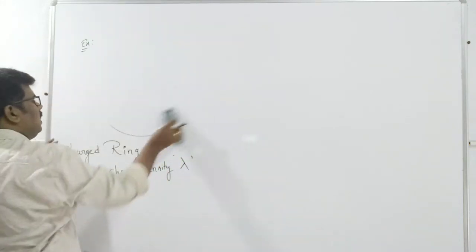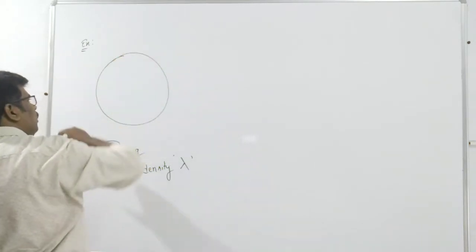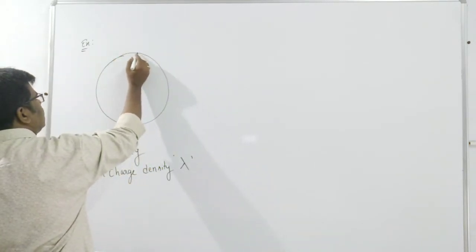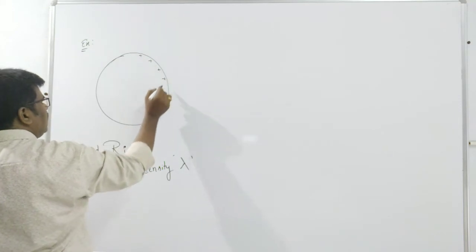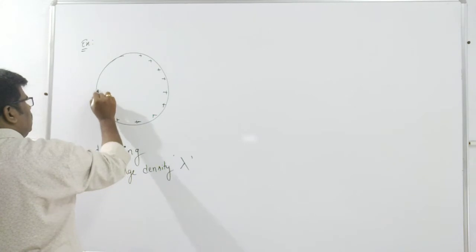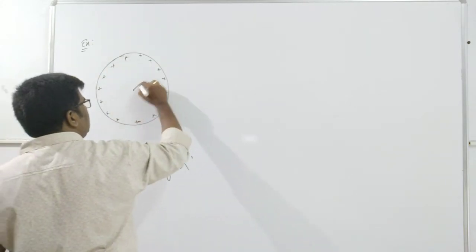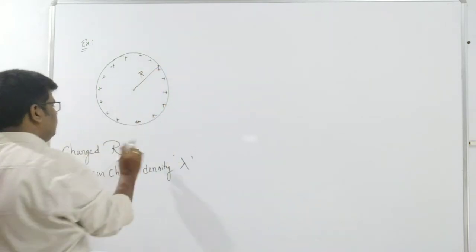Let us take this ring having radius r, and it is a charged one. Let us take it like this, whose radius is r. This is the ring.